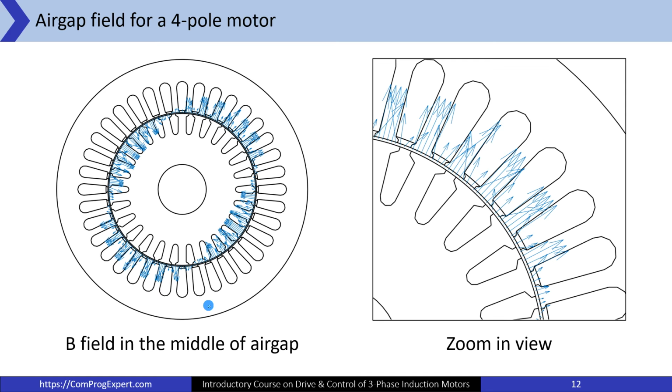So now let's visualize the flux density waveform for the benchmark motor. When you run the finite element simulation using EMD-Lab, you can simply export the field solution that we have in the middle of the air gap. Here we have a 4-pole induction motor, and you can see a zoom in view here. Clearly you can realize the effect of slot openings, and the variations that we have for the radial and tangential components of flux density vectors in the air gap.